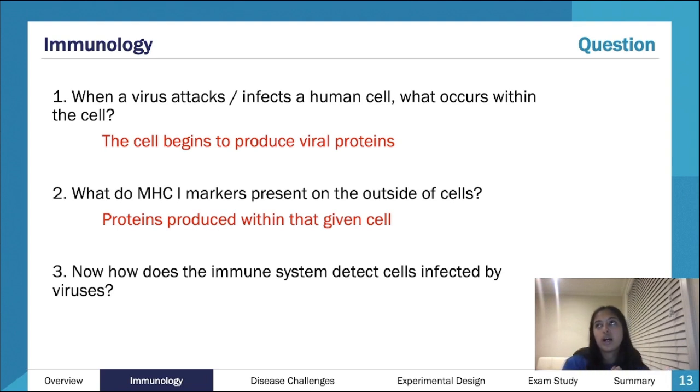It's like a home invasion, and the virus is the home invader. They come in and start invading, your windows are still open, and the police, your immune cells, come around and can see through the window that someone is invading your home, and then they sort it out from there. That's how immune cells detect when cells are infected by viruses, via their MHC1 markers.